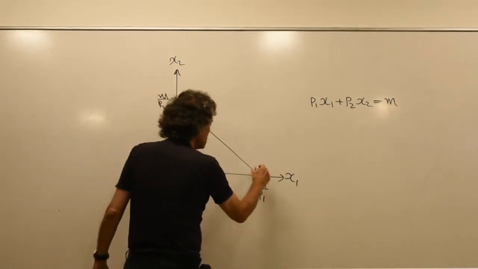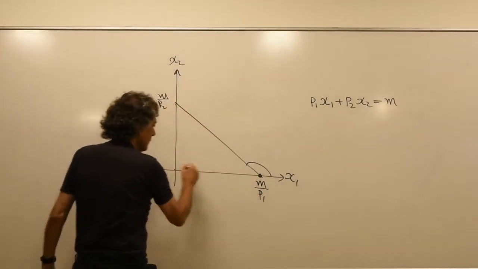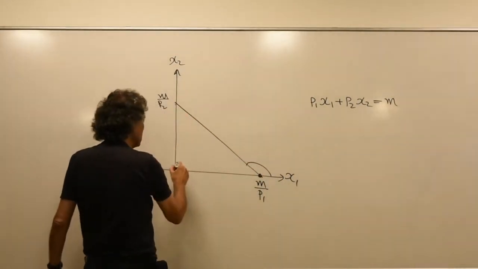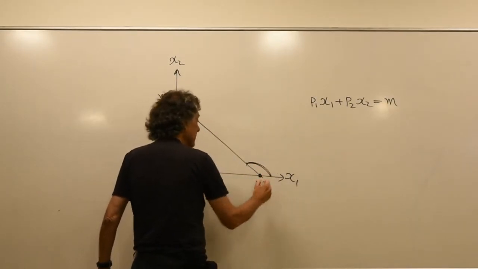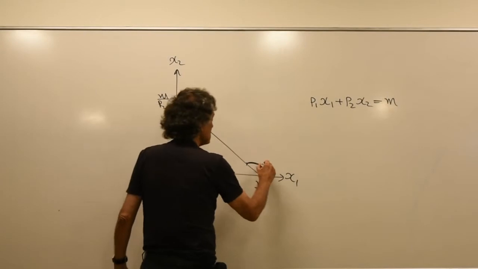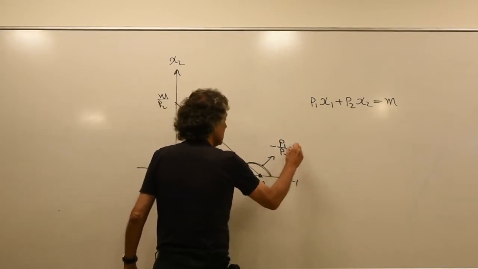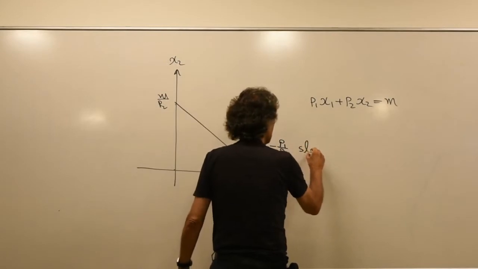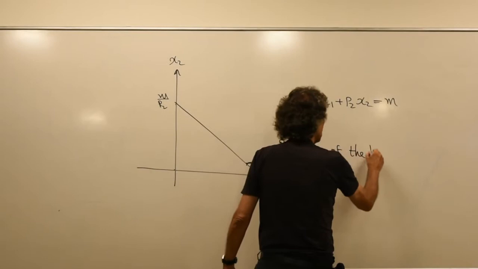So the slope of this line is actually this over this, which is M over P2 divided by M over P1 with a negative sign. And therefore the slope is negative P1 over P2. This is the slope of the budget line.